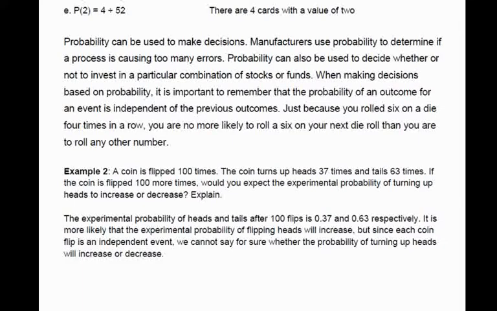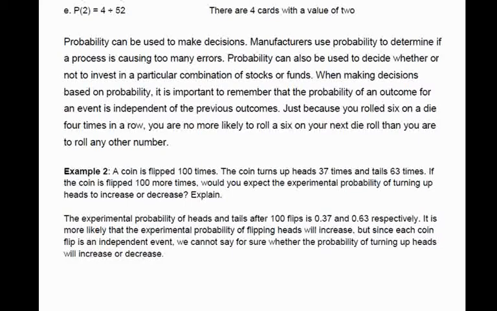But the last point is that when you're making decisions based on probability, the probability of an outcome for an event is independent of the previous outcomes of that event. So if you flipped a coin 5 times and got heads 5 times, that doesn't mean you're more likely to get heads or tails the next time. You have a 50% chance of getting heads and a 50% chance of getting tails on each coin flip.